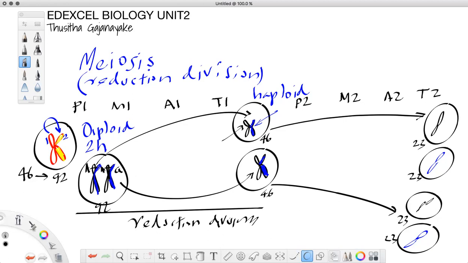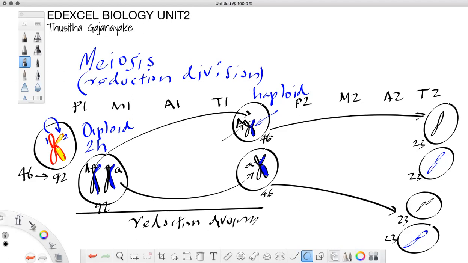If they separate into two cells, this cell gets only capital A and this cell gets a simple a. Now you understand some of the genes are missing. It's shuffled to this and shuffled to this. So that's why we call it a reduction division, where one copy comes to each cell.